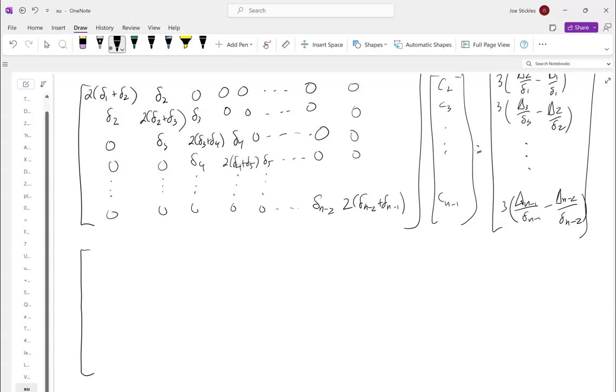So to make this look like something we might do, just make up some numbers here. 4, 7, and then, oops, I'm going to do an augmented matrix. I'm just making up numbers as I go along here, by the way.